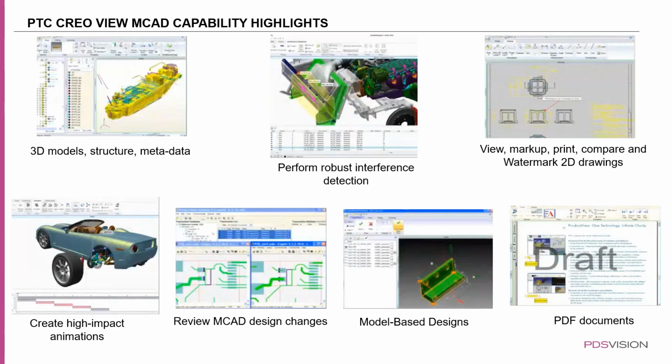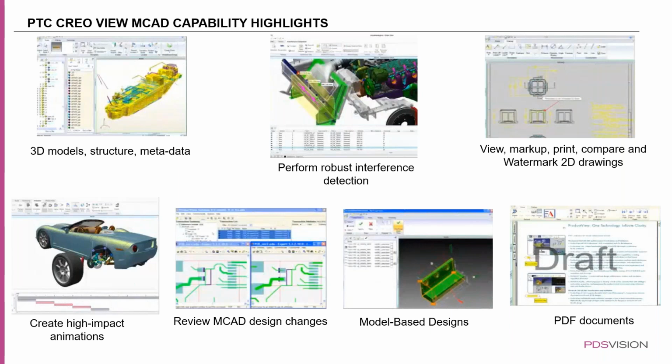Whereas with Creo View connected to Windchill, you are able to make all of those markups, save all of those markups back into Windchill, and then the designer will be able to see what changes they need to make, if there are any changes needed. If you don't have Windchill, directly from Creo View, you are able to send an email with the markups, meaning that you're reducing the amount of paper that is printed.